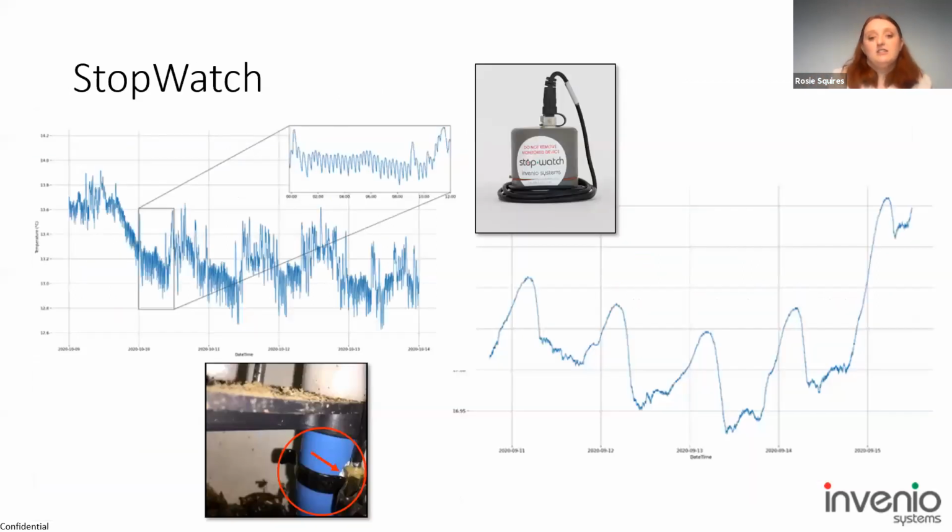From our stopwatch data, we've got a few hundred thousand pieces of data from properties throughout the UK now. Plumbing losses can take different forms. On the diagram on the left is the example I was just talking about: a tank draining constantly, but only when it triggers a certain level do you get that use event going through.